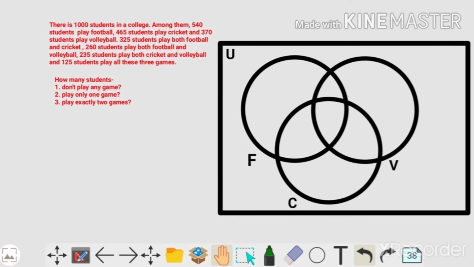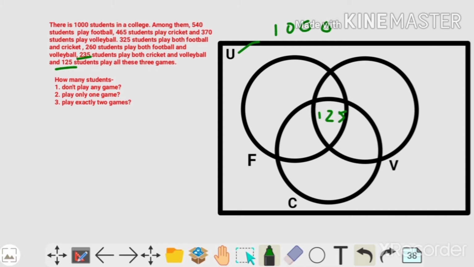The problem says there are 1000 students in the college, so U is equal to 1000. 125 students play all three games, so it is 125. Now 235 students play both cricket and volleyball.